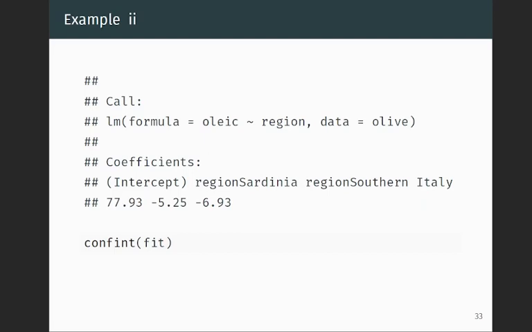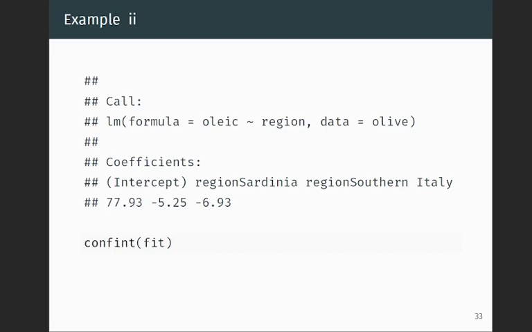So that would be the difference between average levels of oleic acid in olive oils from Sardinia, compared with the level 0. The level 0 here is the missing level, if you will. It's northern Italy. And so negative 5.25 would correspond to the difference in average oleic acid levels between olive oils coming from Sardinia compared with olive oils coming from northern Italy. And similarly, we get a coefficient for the average difference in oleic acid levels between southern Italy and northern Italy.